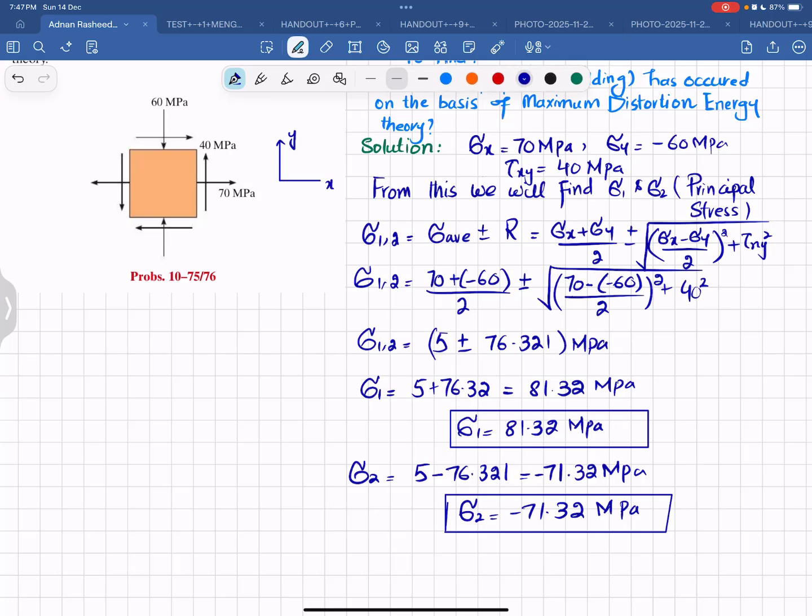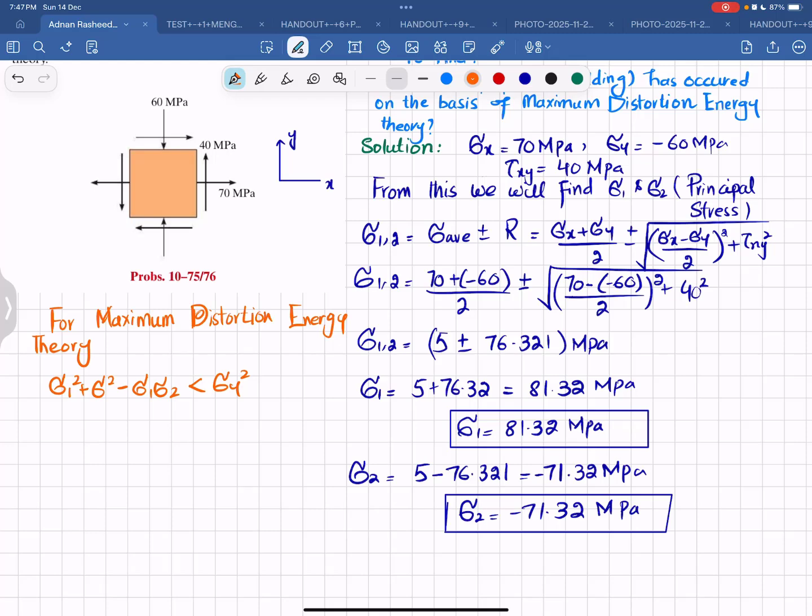Now you have both sigma 1 and sigma 2. So what we are going to do is check whether, according to the maximum distortion energy theory, it will yield or not. For the maximum distortion energy theory, if sigma 1 square plus sigma 2 square minus sigma 1 into sigma 2 is less than sigma yield square, it will not yield.